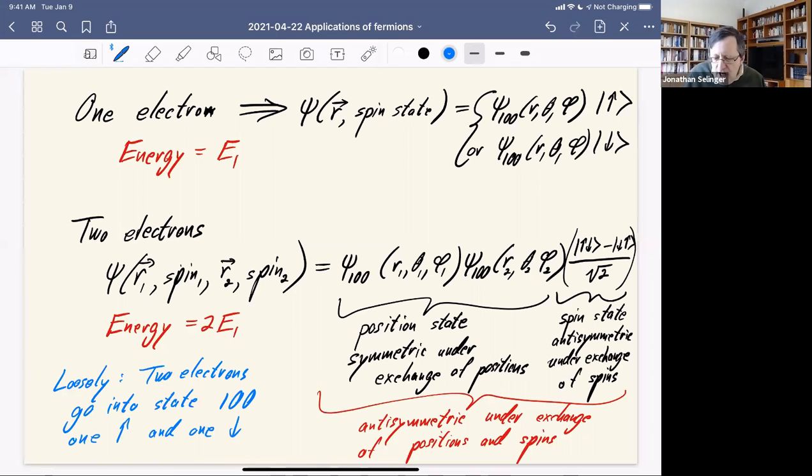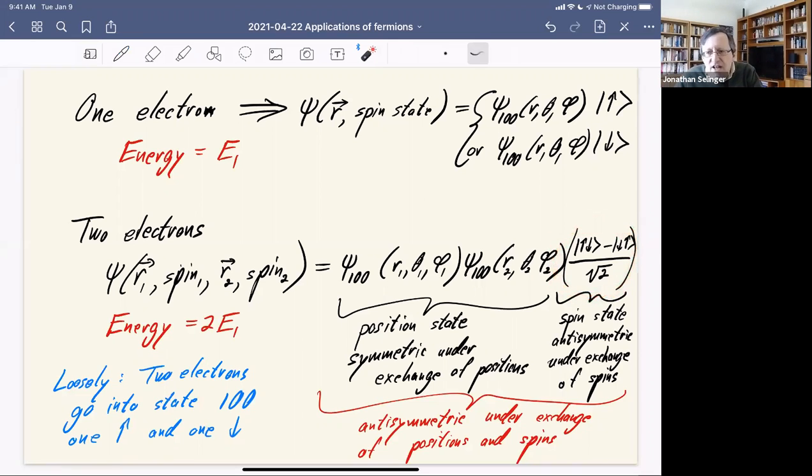I say it's loose because it's not as if there's one of the electrons that's the spin up guy, and another electron is the spin down guy, right? Really, there's an antisymmetric state that involves both electrons, an antisymmetric spin state, right? Which is this combination of up, down, and down, up, right?